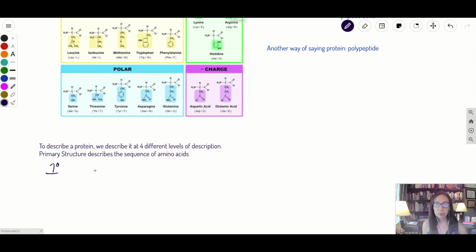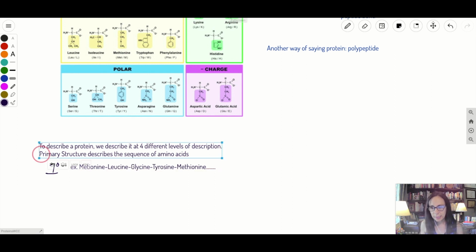An example would be methionine, attached to a leucine, attached to a glycine, attached to a tyrosine, attached to another methionine, and so on and on. So the primary structure is just listing the order of the amino acids that are in the protein.